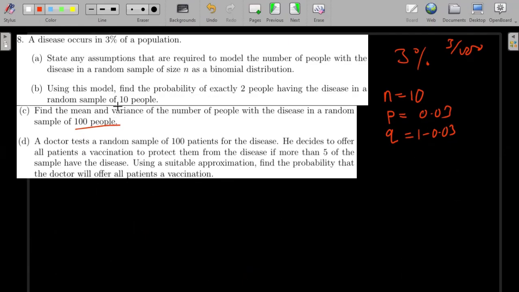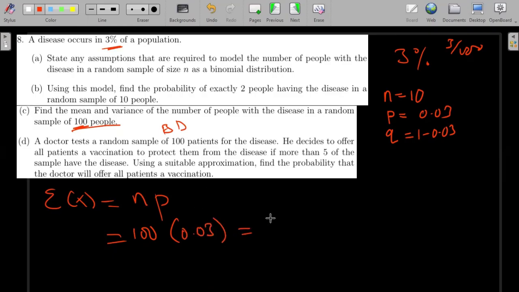Remember this is the binomial distribution. Whenever we want to find the mean under the binomial, we just multiply the sample size with the probability of success. So the sample size now is 100, and the probability of success, remember, 3%, which is 0.03. So the mean here, or the expected value, will just be 3.